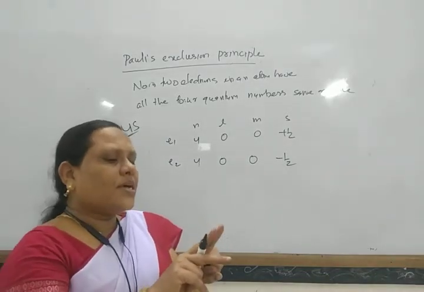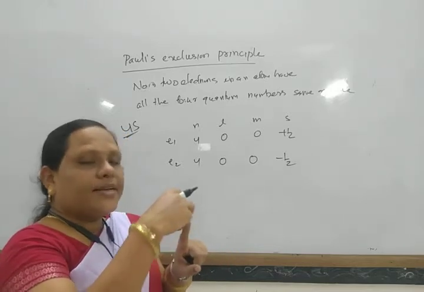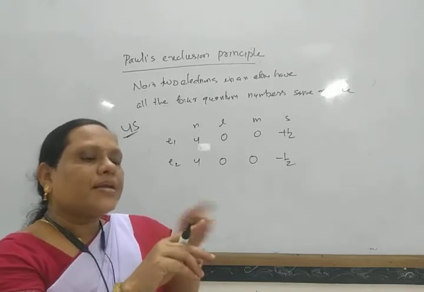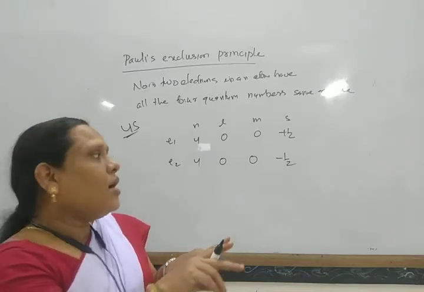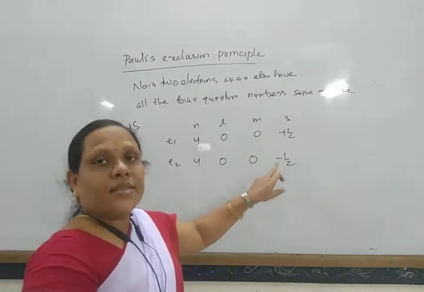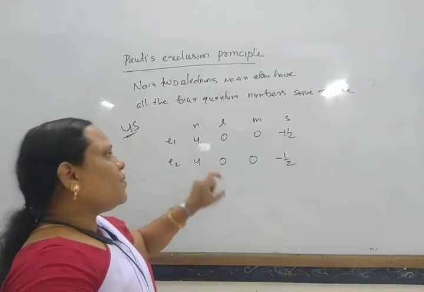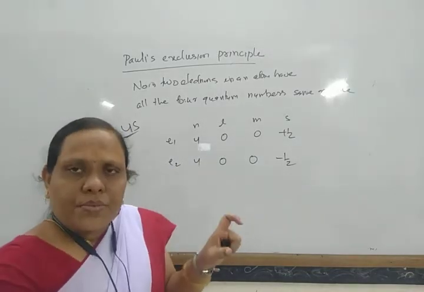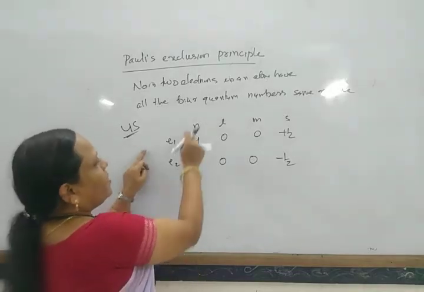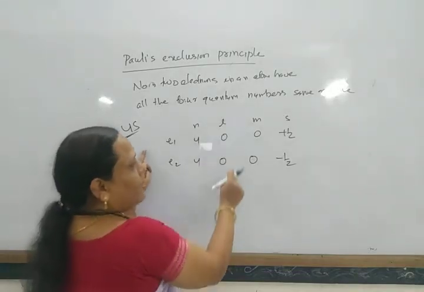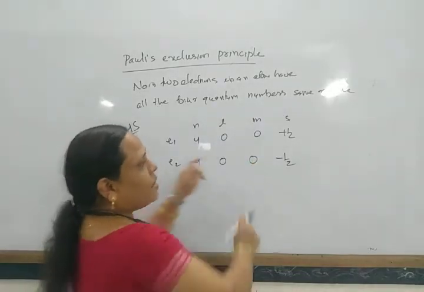If both have plus spin, then the magnetic field created by one is repelled by the magnetic field created by the other, so repulsion takes place. In this way, one has plus half and the other has minus half. So an orbital can accommodate a maximum of two electrons. Here the N value is the same, L is the same, M is the same, but the S value is different.